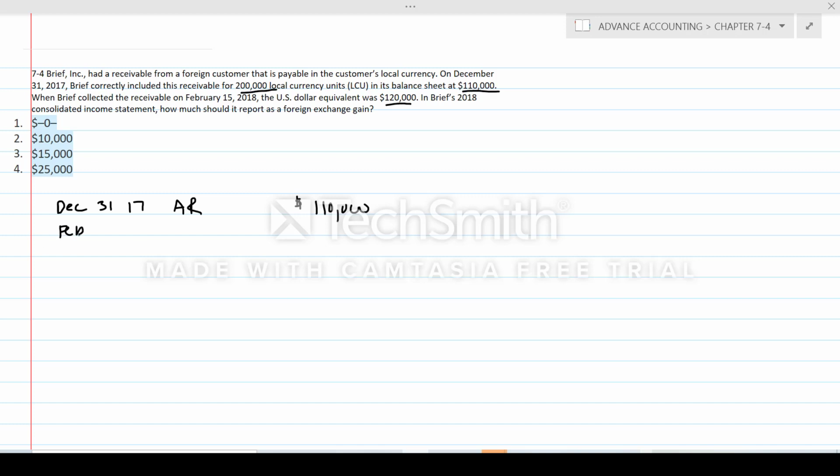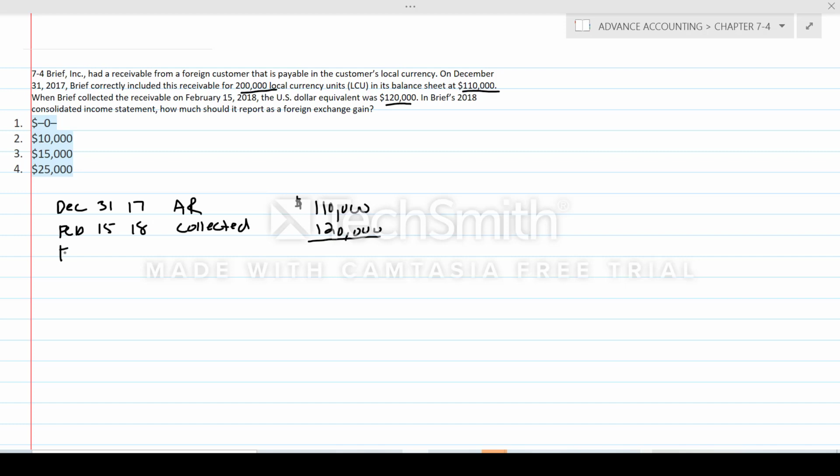Then, according to the information on February 15th, they collected $120,000 based on currency differences.